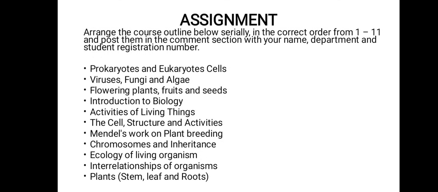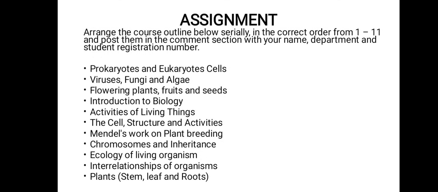The assignment is to arrange the course outline shown below serially. If you look below, you see the course outline that we have just discussed from 1 to 11. So in this assignment, the course outline is not arranged serially. Everything is mixed up together.